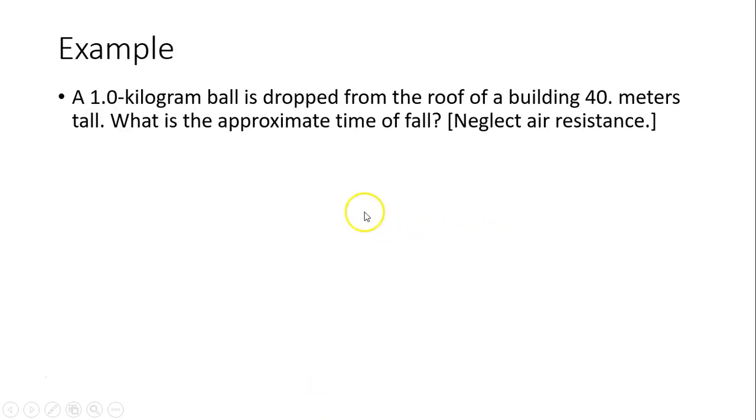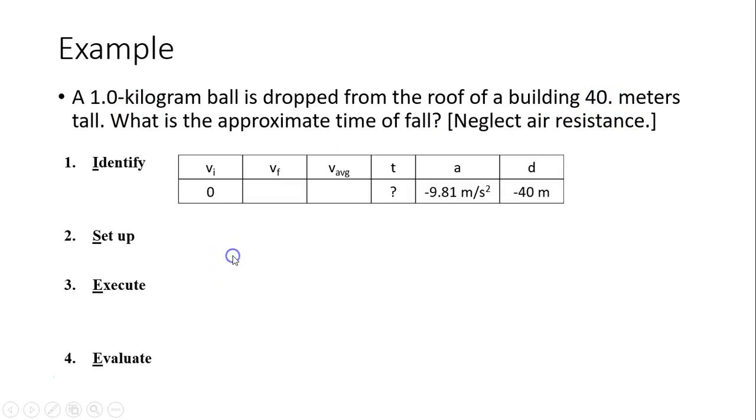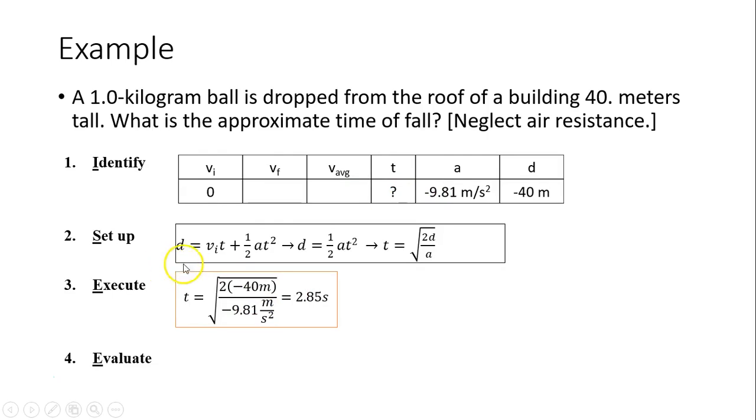Okay, let's take a look at another one. A 1.0 kilogram ball is dropped from the roof of a building 40 meters. What is the approximate time of the fall? So you know initial velocity, you know displacement, you know acceleration. So how do you find the time? The equation you use is this, okay? So VI equals 0.